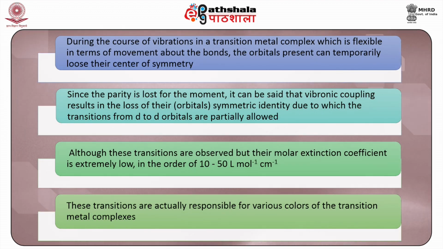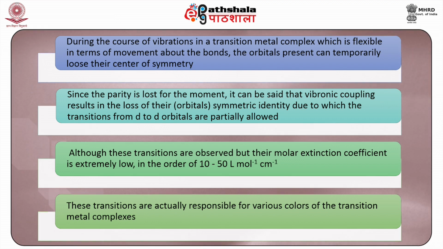During the course of vibrations in a transition metal complex, which is flexible in terms of movement about the bonds, the orbitals present can temporarily lose their center of symmetry. Since the parity is lost for the moment, it can be said that vibronic coupling results in the loss of their symmetric identity, due to which the transitions from d to d orbitals are partly allowed.